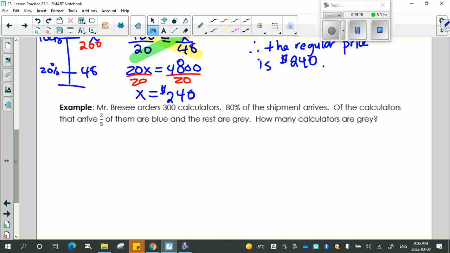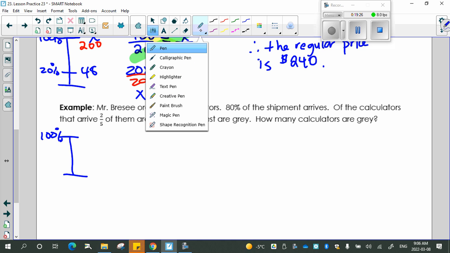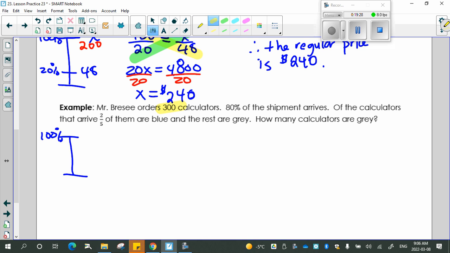All right, so let's start off with the percent. Mr. Bazzi orders 300 calculators. 80% of the shipment arrives. He orders 300, but only 80% of the shipment arrives.